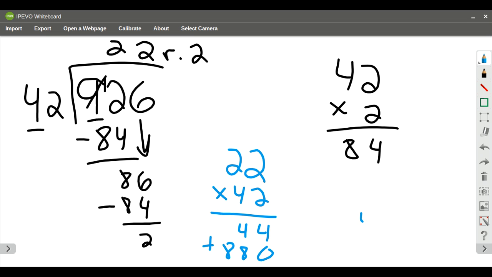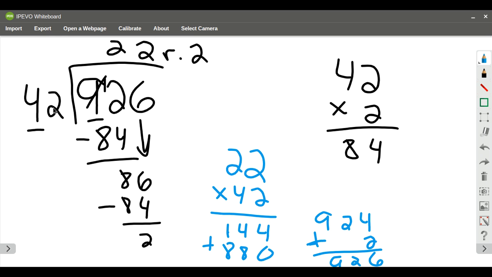So 4 and 0 is 4. 4 and 8 makes 12. I'm going to regroup. And then 1 and 8 is equal to 9. So I have 924. And if I look at this right now, the answer is wrong. So I have to make sure that I always remember to add in that remainder. And when I add in the remainder of 2, I end up with 926.